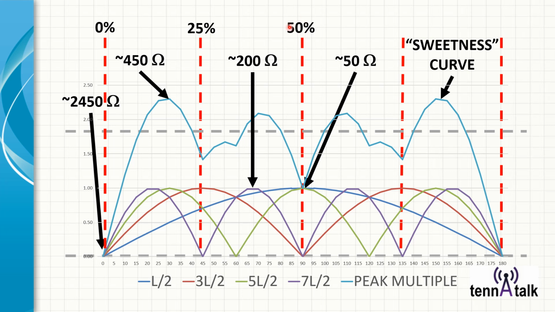So if we move off from the 50% point in the middle of the physical dipole, we can move off a little bit and get 200 ohms at around, this is at 25% for reference, somewhere around 28%. You get very quickly an increasing impedance of 450 ohms, and at the end you'll get thousands of ohms of impedance for an end-fed half-wave.